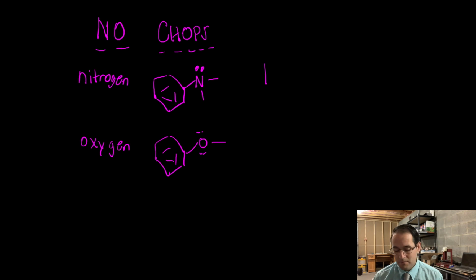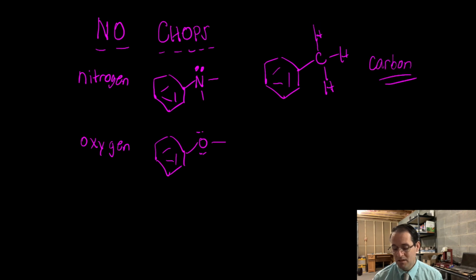Carbon, as I mentioned, is a very weak electron donating group. So let's just put a methyl group here, all right? And halogens. I don't want to talk about halogens right now, but I just want you to remember the phrase, no chops, okay? So this is what I'm calling carbon. Really, it should be R, but it didn't rhyme well, so no chops is what we have here.